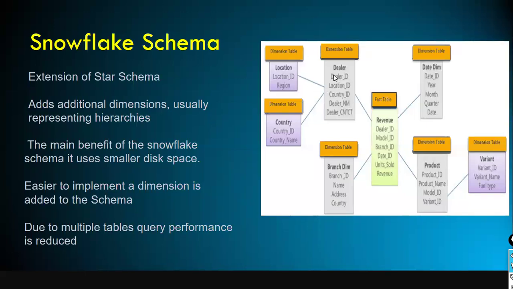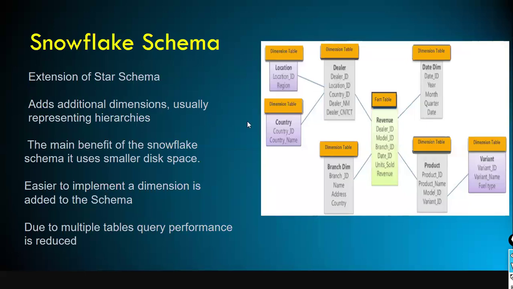Here you have the dealer, location, and country. You can combine all the data into a single dealer dimension, keeping the location and country name. But here they wanted to optimize the query performance and also reduce the redundancy in the data, so that it doesn't require too much storage space.